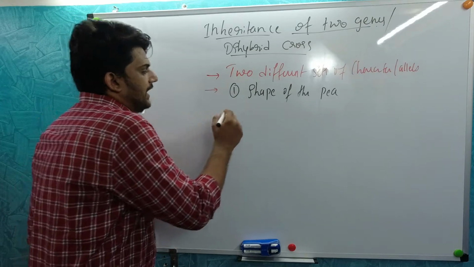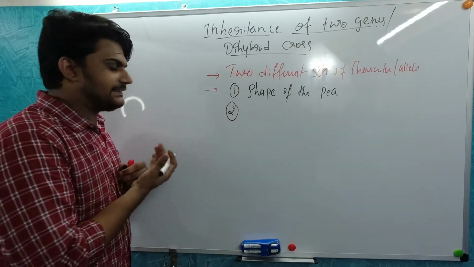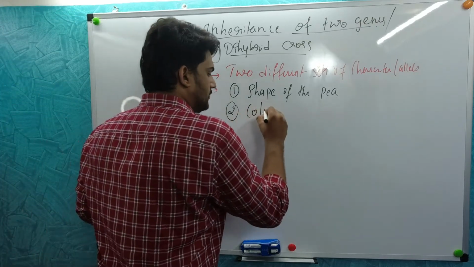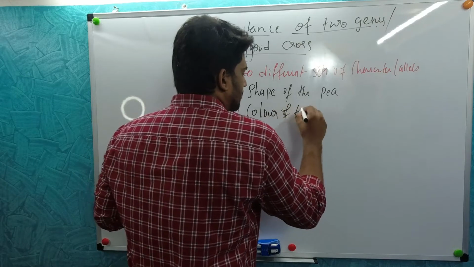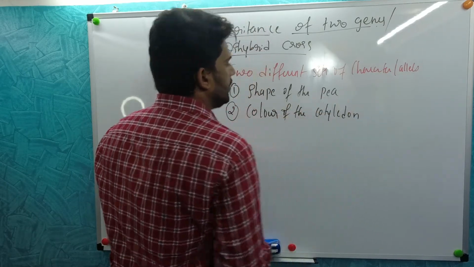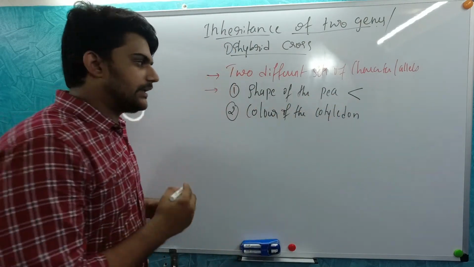The second character he took was the color of the cotyledon.